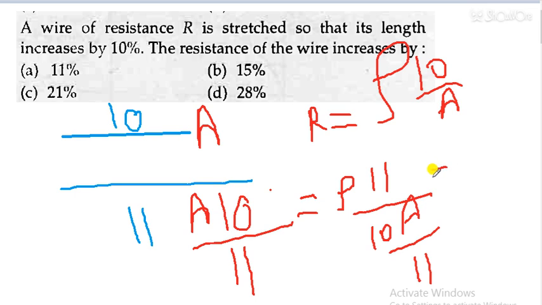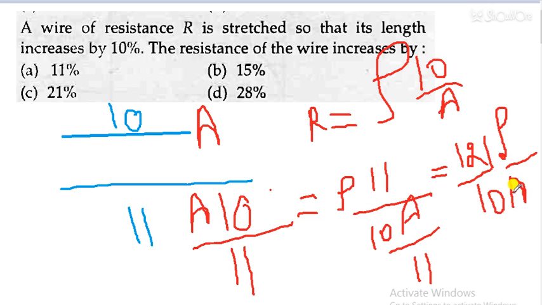So this will become 121 by 10, 121 by 10 rho by A. Students, I hope this is clear.